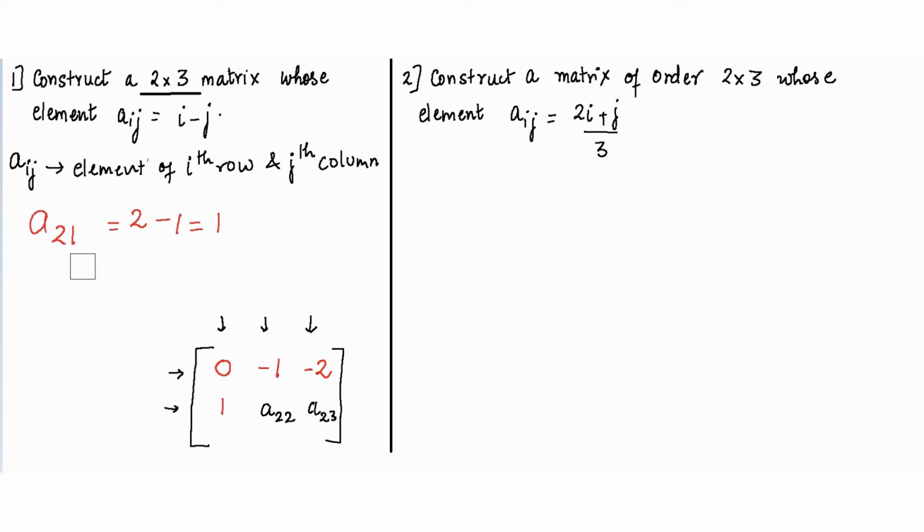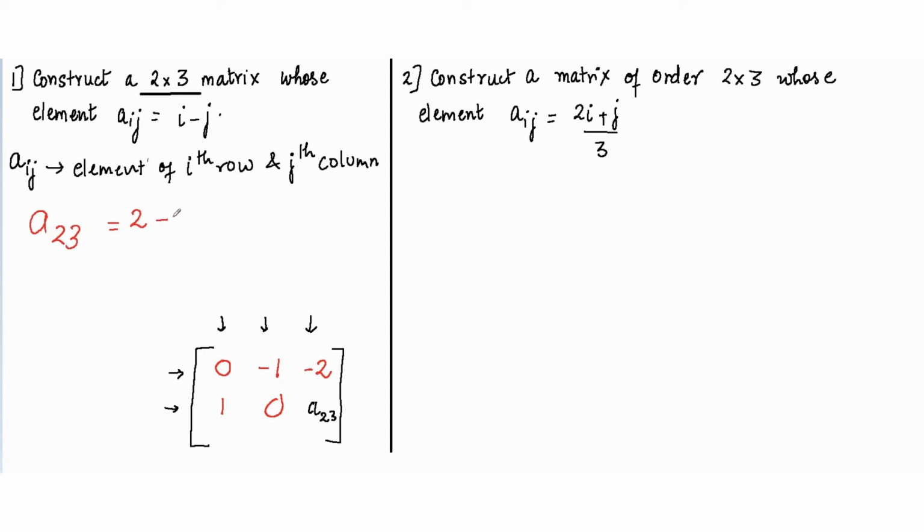Now let's find A22. A22 will be 2 minus 2, which is 0. Therefore the element in the second row, second column is 0. Now let's find A23. A23 means the element in the second row and third column.